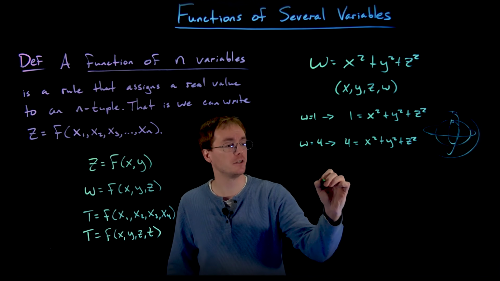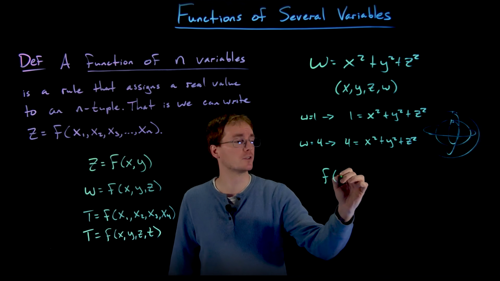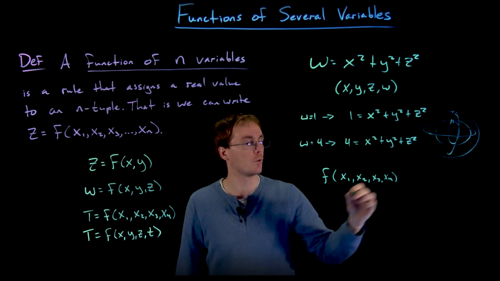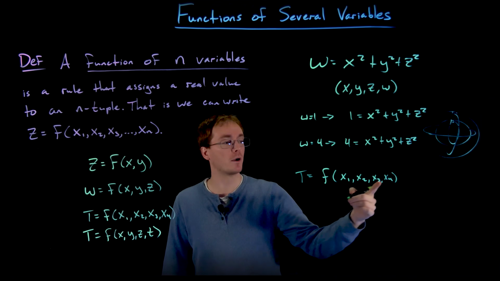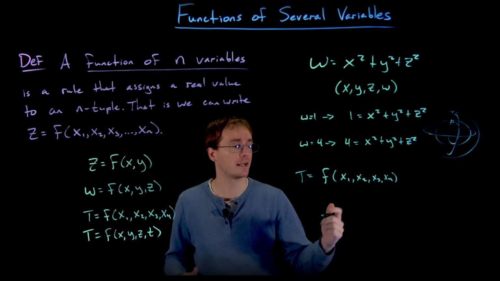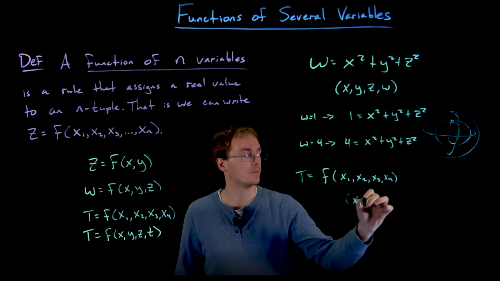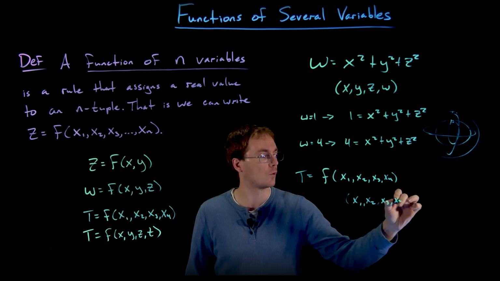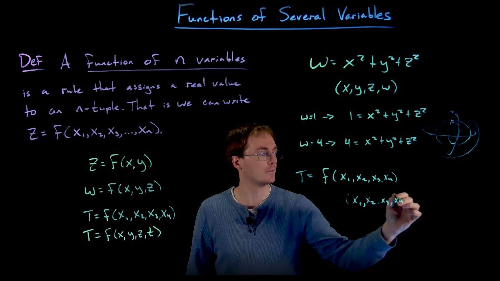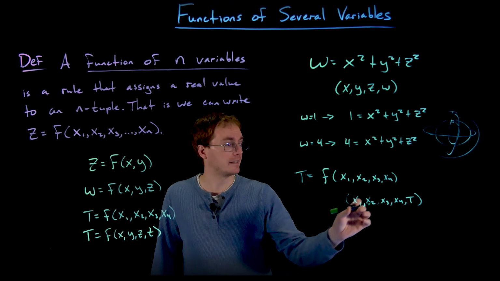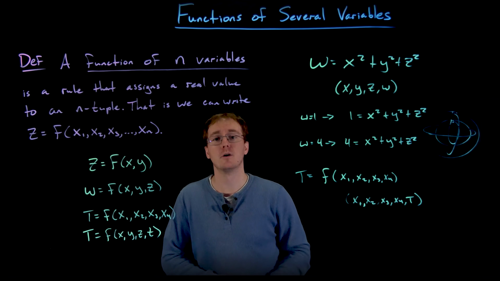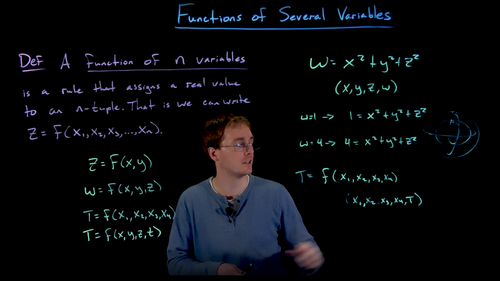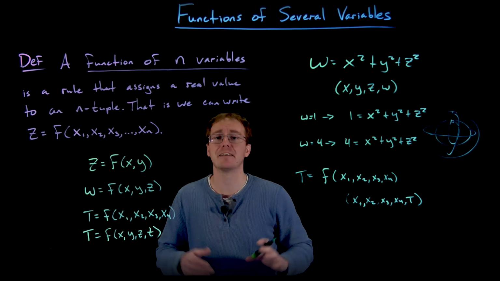If we have a function of more than three variables, like a function of x1, x2, x3, and x4, maybe call that t, then a point on this surface or object would have coordinates x1, x2, x3, x4, and t. That is a five-dimensional coordinate, and so the actual object would exist in five-dimensional space. If we were to try to look at a level curve or a trace, it would take up four-dimensional space, and we can't visualize that.